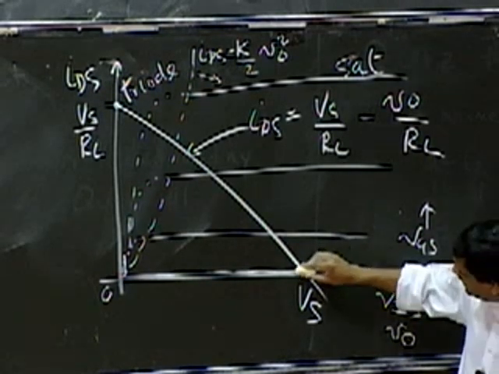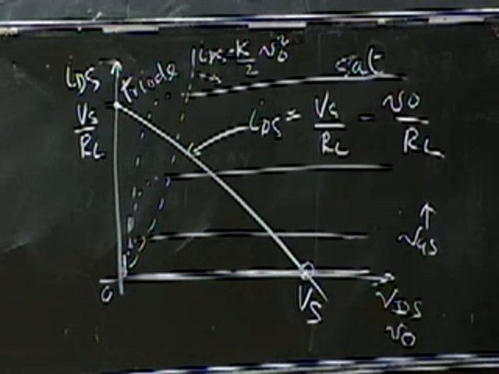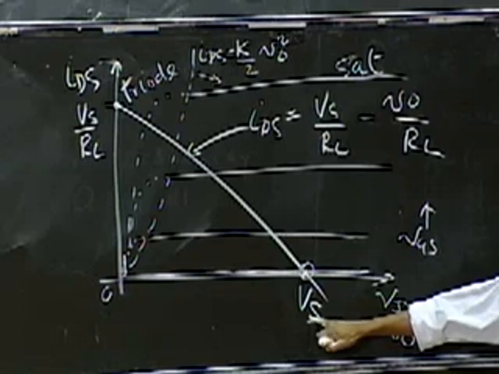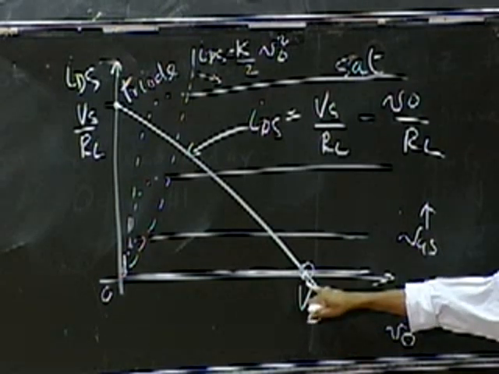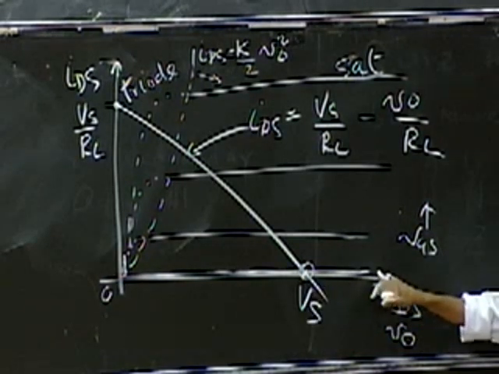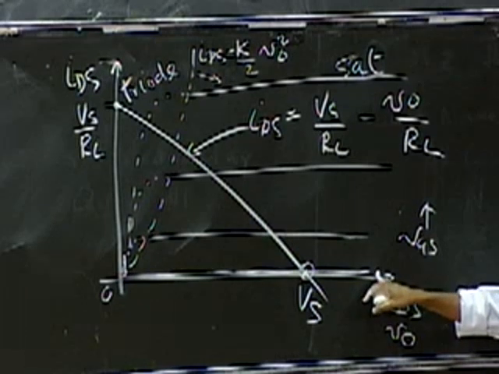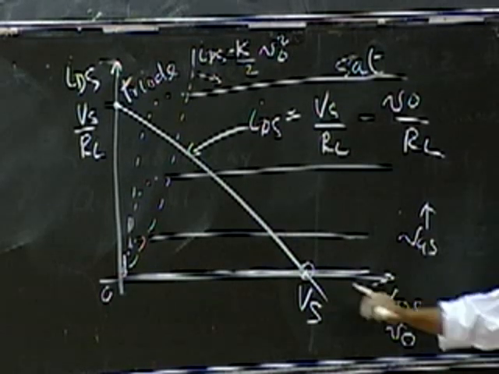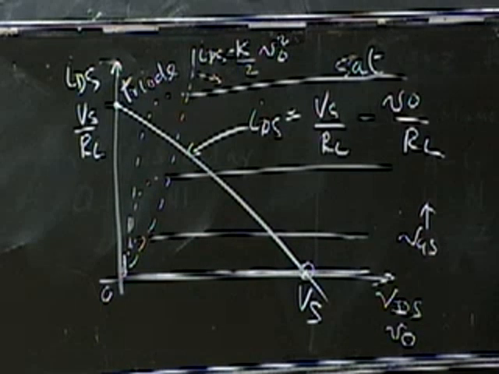So I'll start. One is this point, because at this point the output is VS. Okay, and VGS has just begun to equal VT. That's one. So think about where the second point is for valid operation.